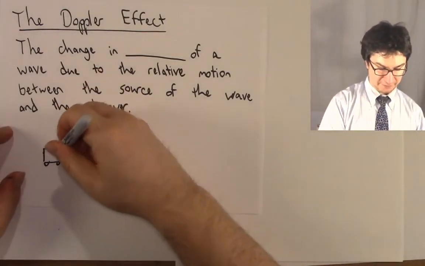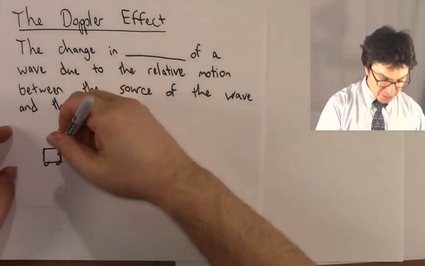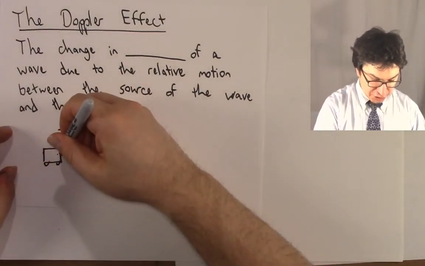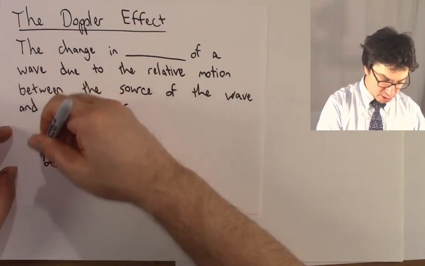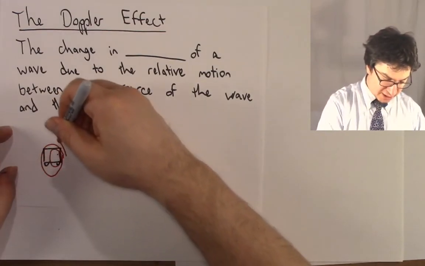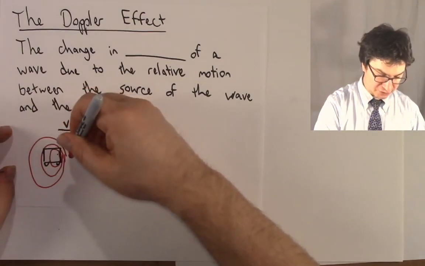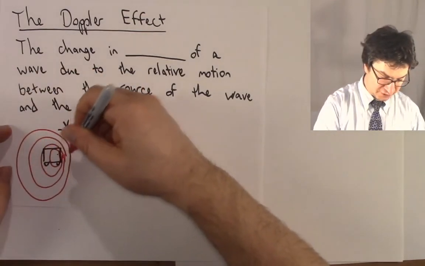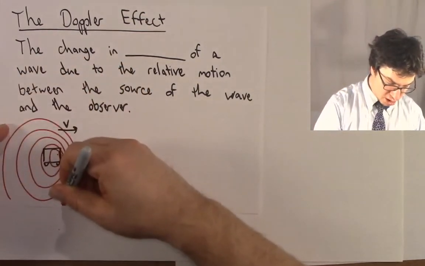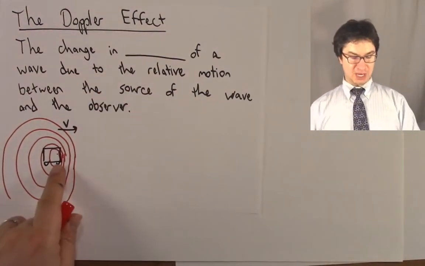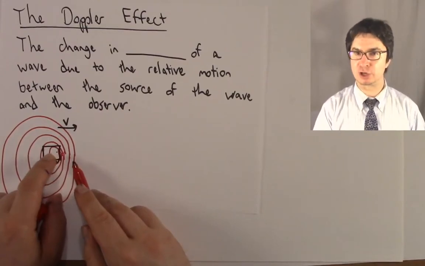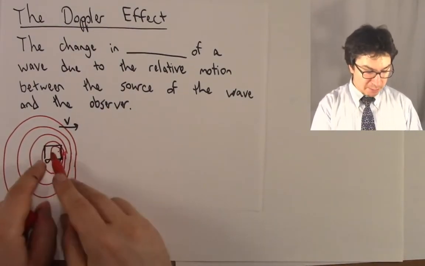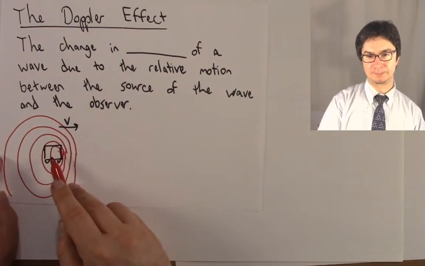Let's draw a little dot for the horn of this car, and I want to draw some circles that represent the sound waves coming off of this car. Now, notice how we drew these sound waves. They're bunched up, they're compressed in front of the car, but they're spread out behind the car.